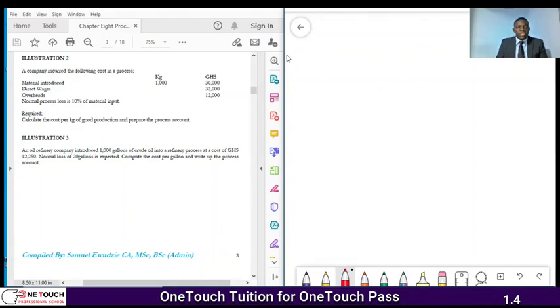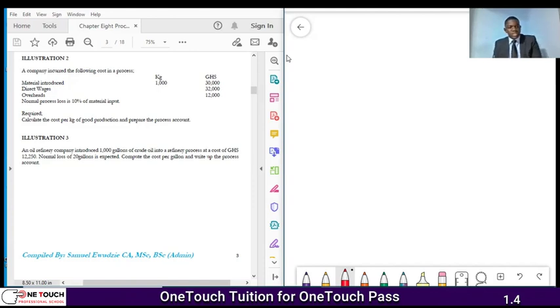We have material introduced, that is 1,000 kg. The material cost was 30,000, direct wages is 32,000, overheads is 12,000. Normal process loss is 10% of material input.